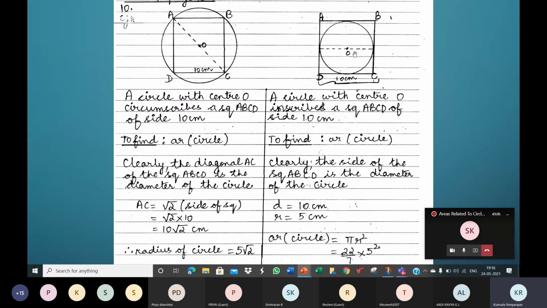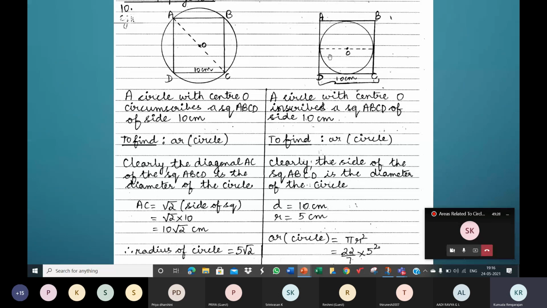Here, the circle is inscribed in the square, or the square circumscribes the circle. Just tell that to yourself. I'll repeat it a little later.